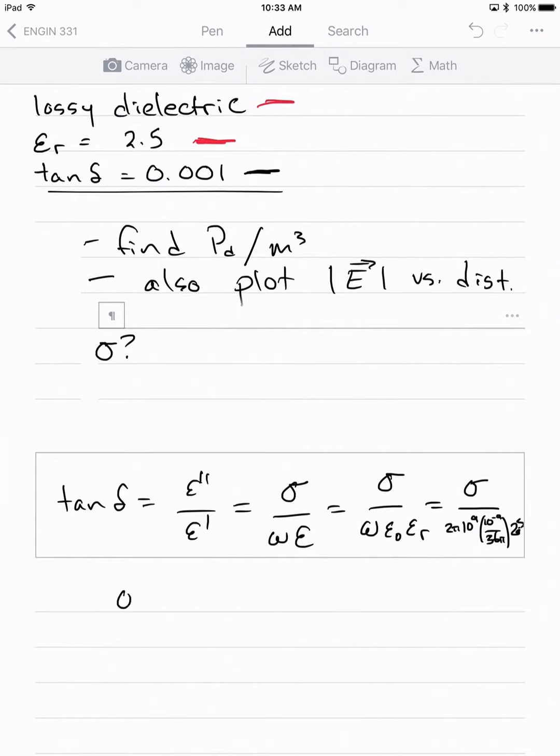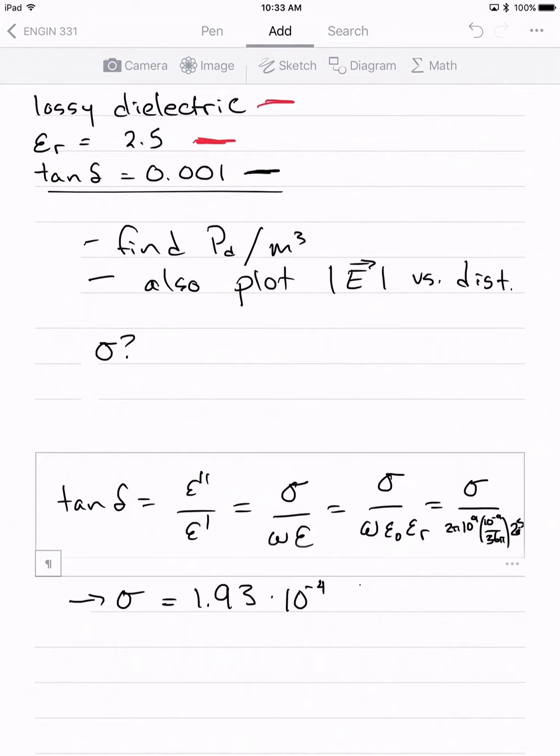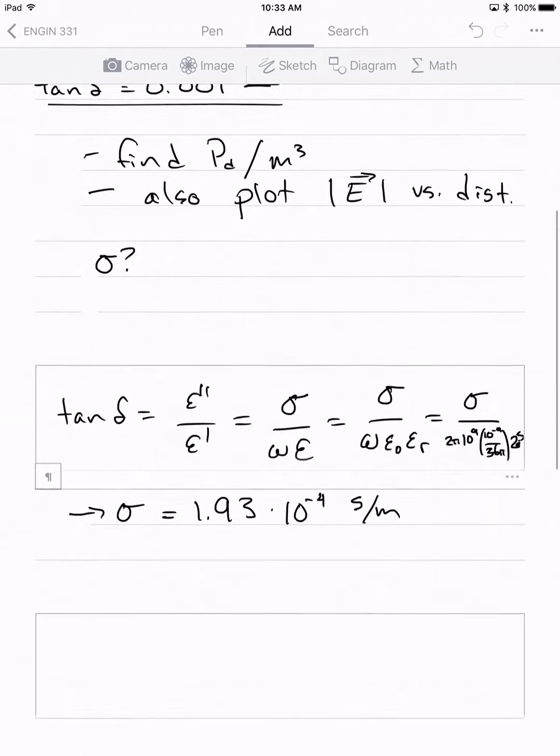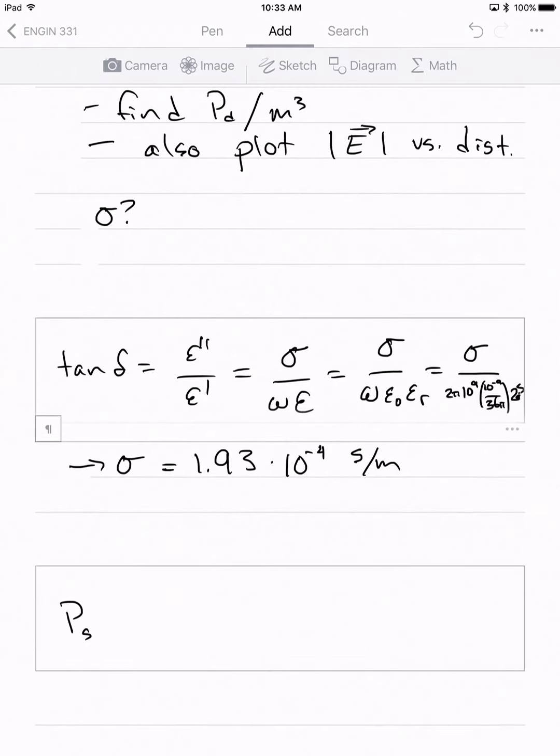If you work that out, you get that sigma is equal to 1.93 times 10 to the minus 4th, in Siemens per meter. Then how do we find the average power dissipated per unit volume? If you remember from previously, power dissipated in a volume is equal to the integral over that volume of 1/2 the current density dotted with the electric field.